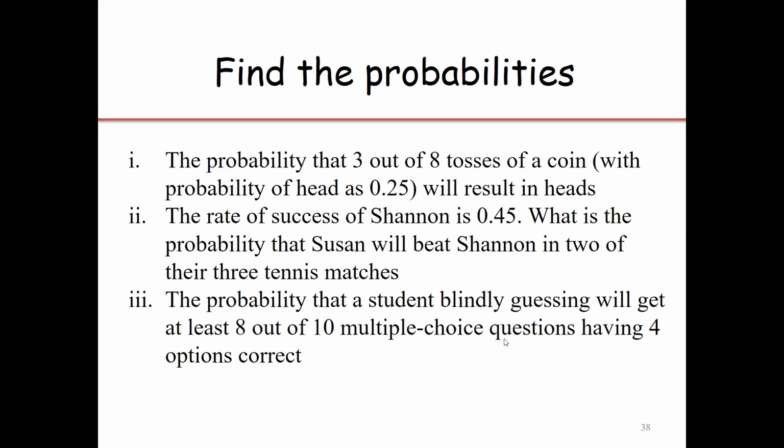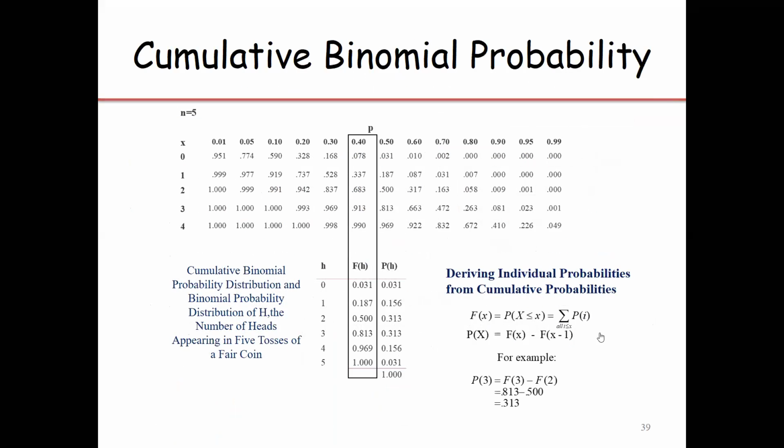Finding the probabilities, the same problem is described here. This is very important. You can calculate the binomial probabilities by using the probability table. If the probability table is cumulative, you can calculate the probability by differences.